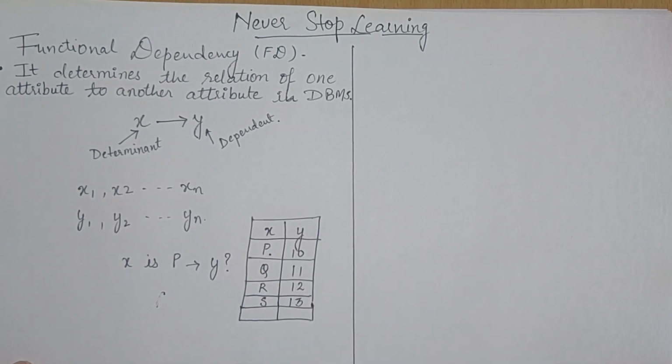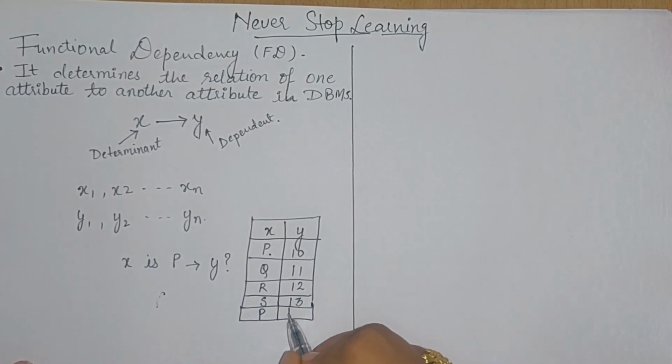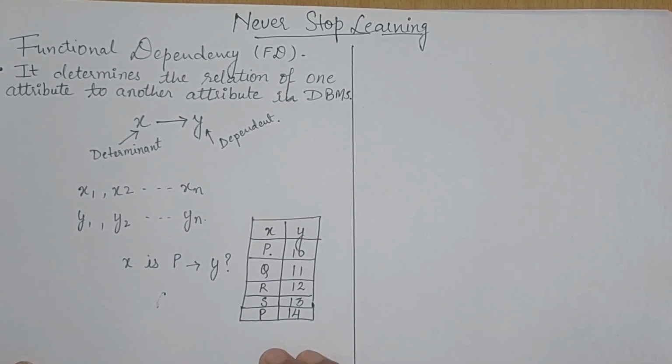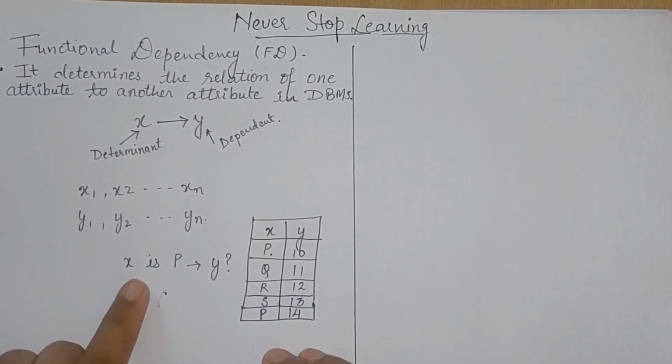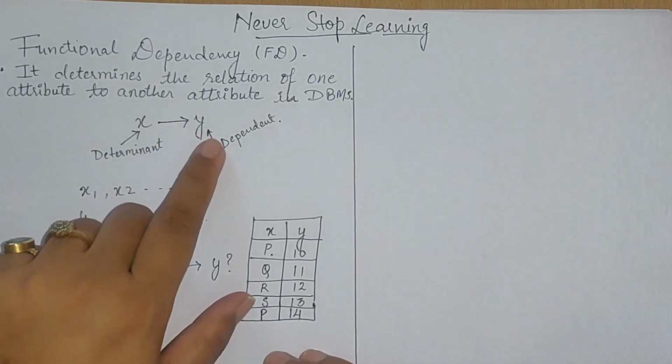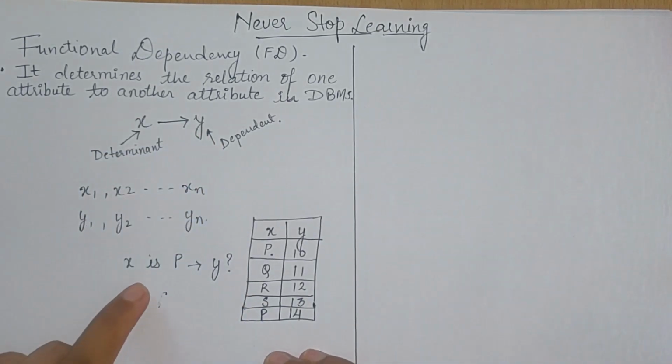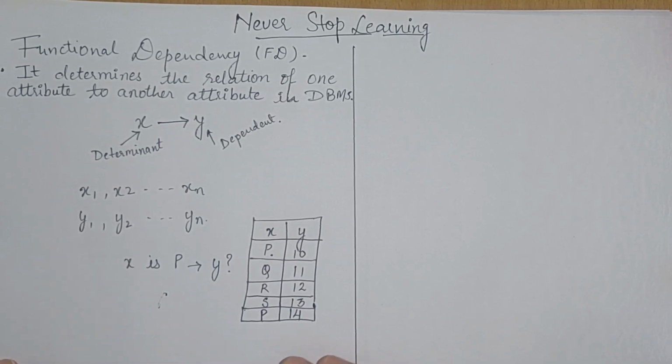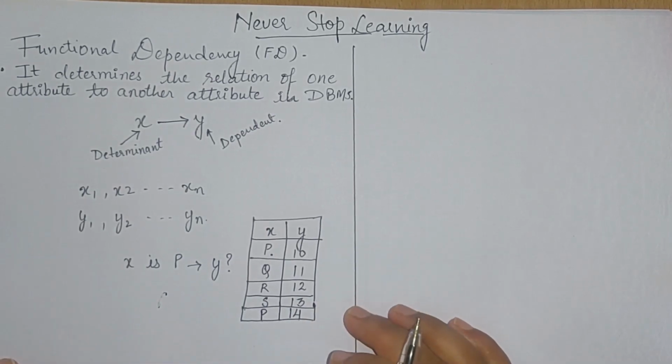If I increase this table and insert one more p here, and I give the value of y as 14. Now if I ask the same question, that there is a functional dependency from x to y and I want to know if the value of x is p, can you tell me the value of y?